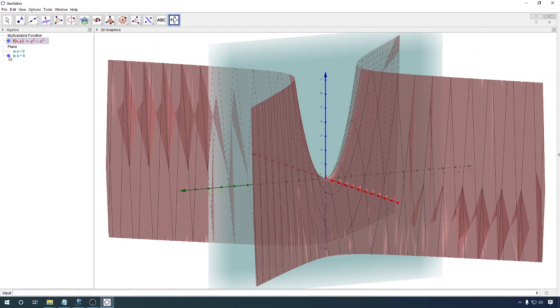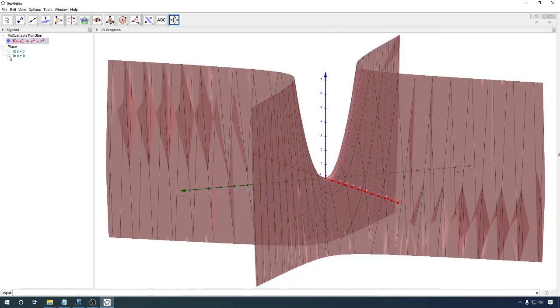So in one direction it's a maximum, in one direction it's a minimum, but since it's not both the same, we don't have a maximum or minimum of the surface.